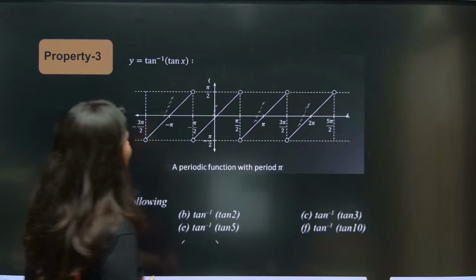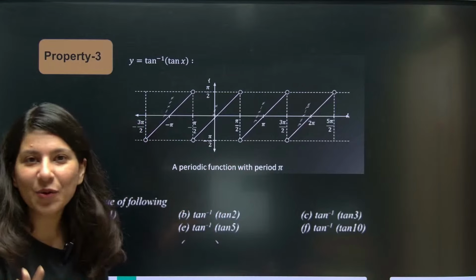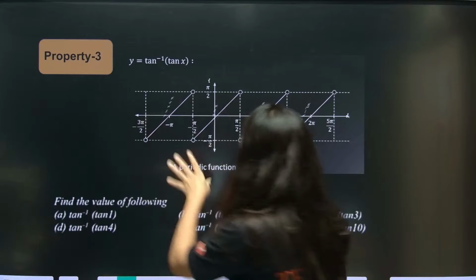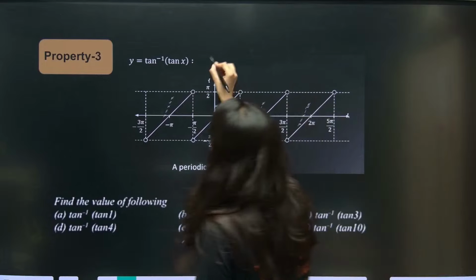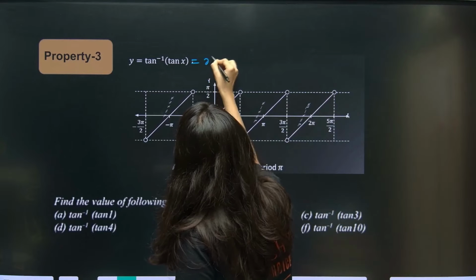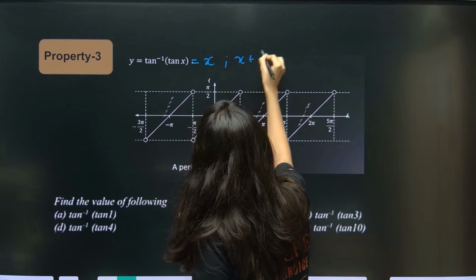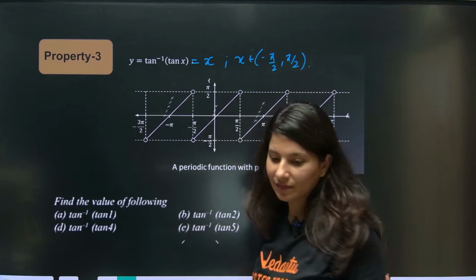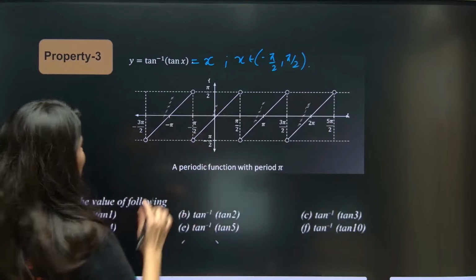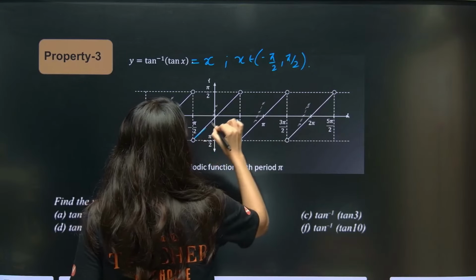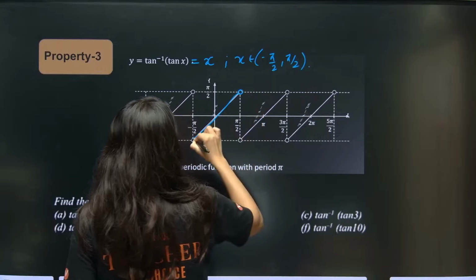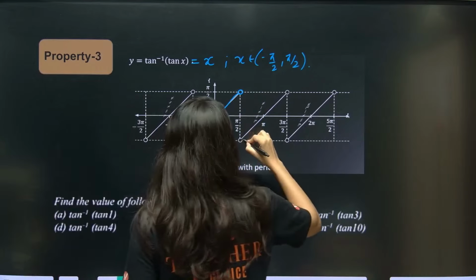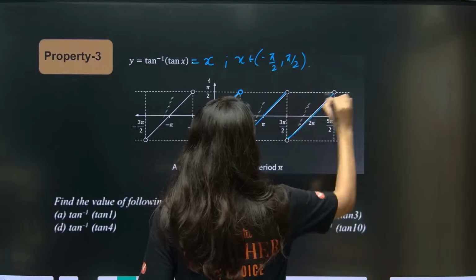Now see, tan inverse tan x, this is so easy, because all the lines are parallel. First of all, tan inverse tan x will be equal to x for x belonging to minus pi by 2 to pi by 2. Minus pi by 2 to pi by 2, y is equal to x line, open bracket, that's why these hollow circles. Now you just have to keep on drawing parallel lines like this.